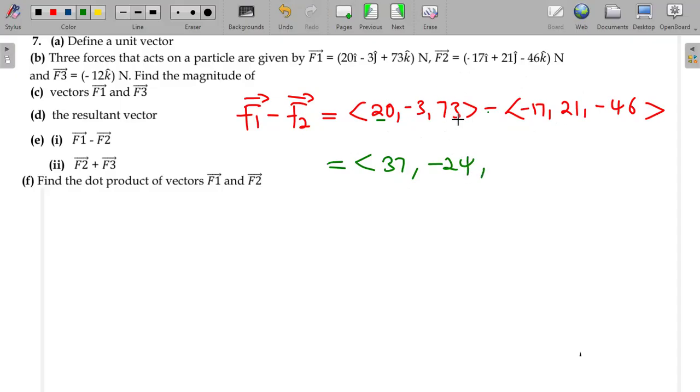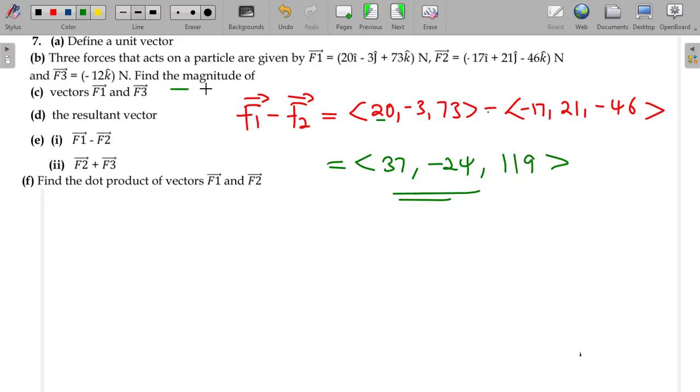And then 73 minus minus 46. So this negative and that negative becomes a plus. So it becomes 73 plus 46. Okay, so 73 plus 46 gives me 119. Okay, so this one here is the vector F1 minus F2.